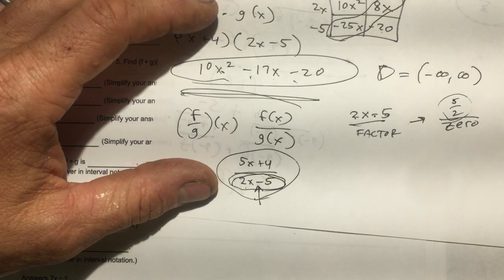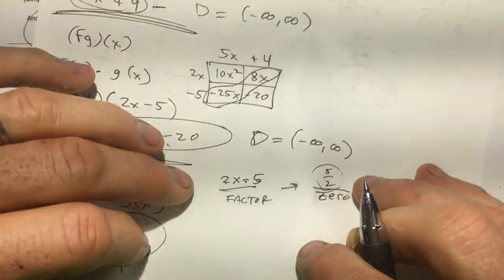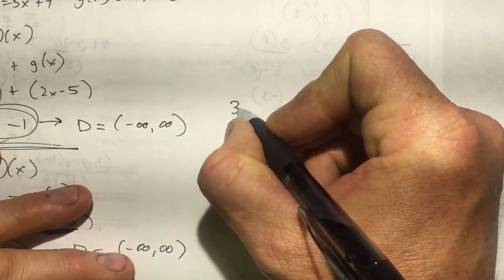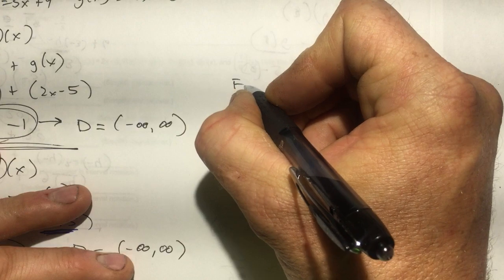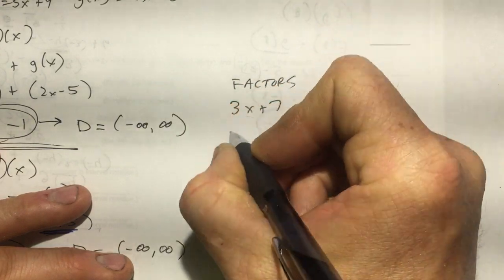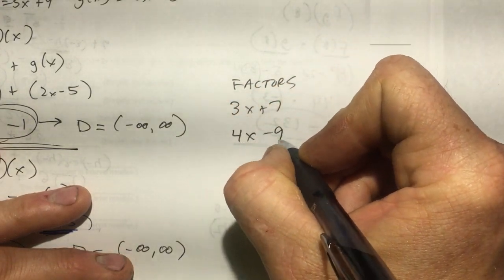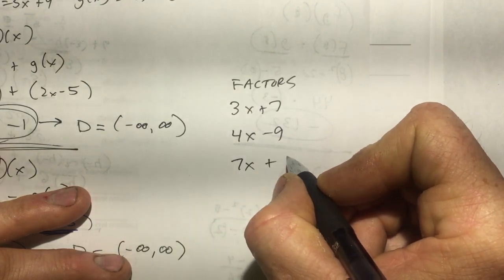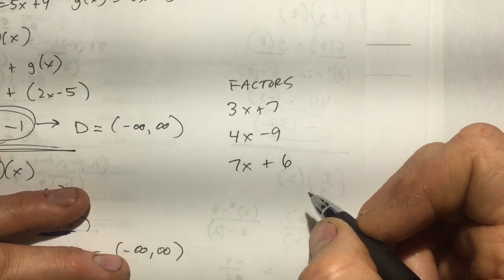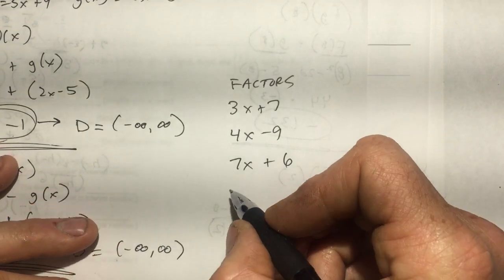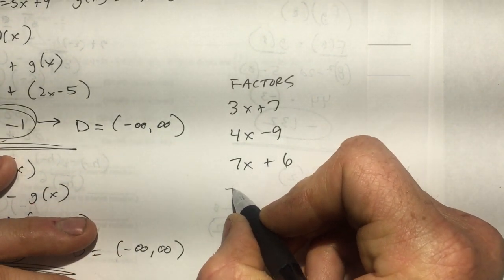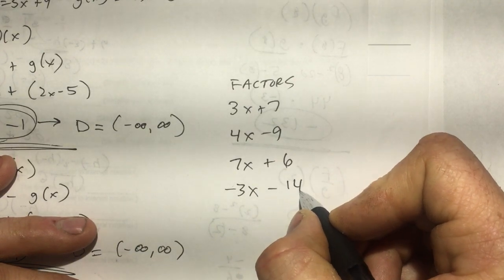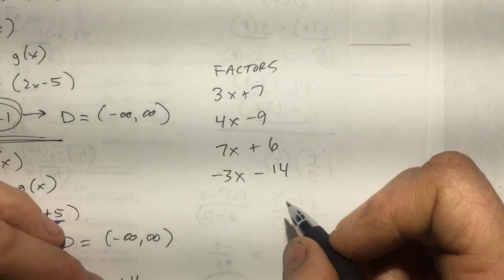Okay, just real quick, let me do some of these again, just for your benefit. If I had 3x plus 7, these are my factors. 4x minus 9, 7x plus 6, these are factors. Here, do a negative one. Negative 3x minus 14. Okay.